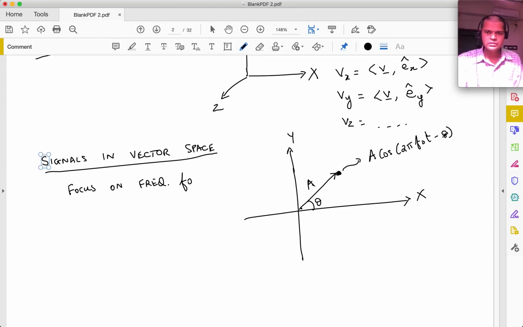Right? If I change theta, this particular vector is going to be at a different position, a different angle. And if I change the amplitude, it's also going to change a little. So this is a particular signal in the time domain.